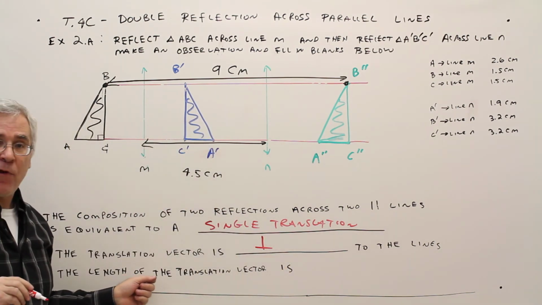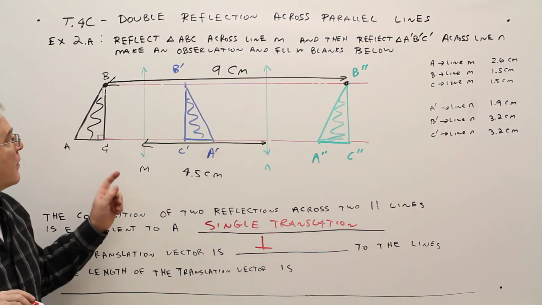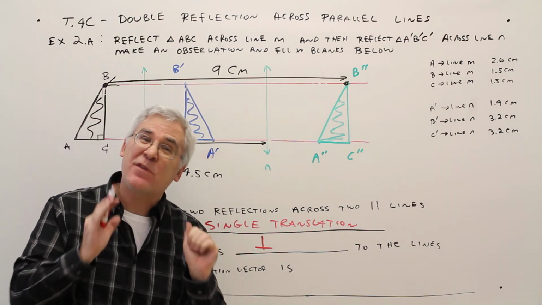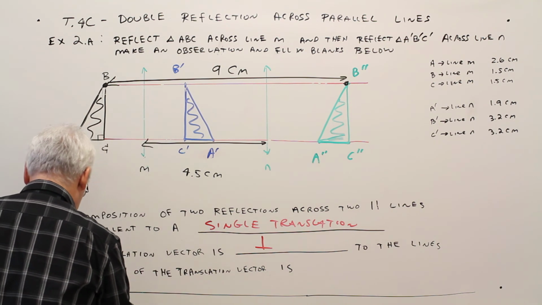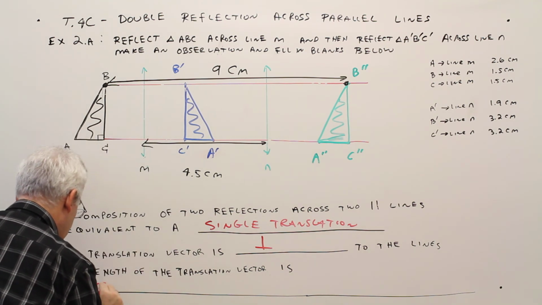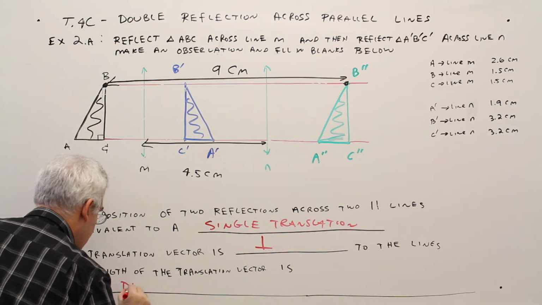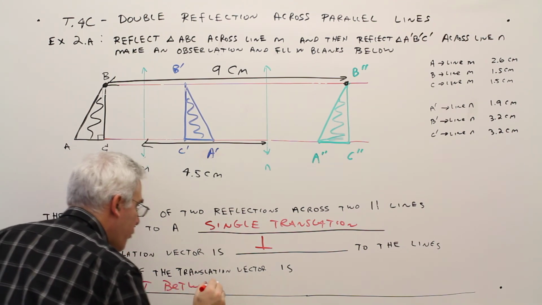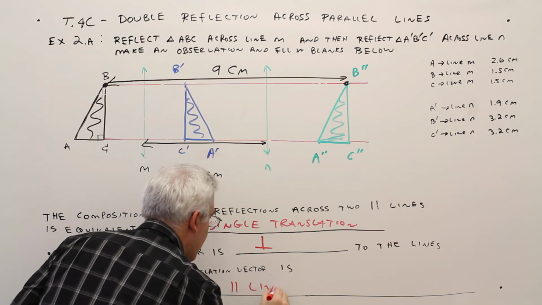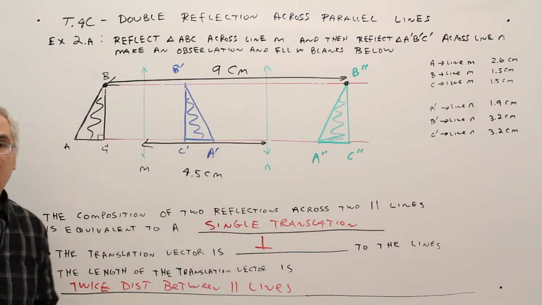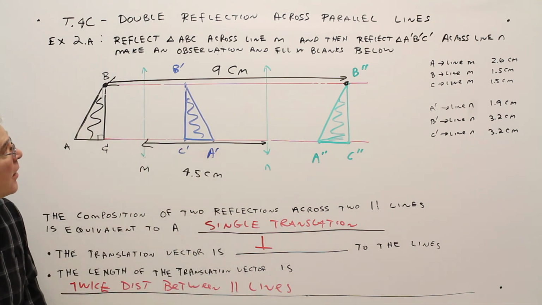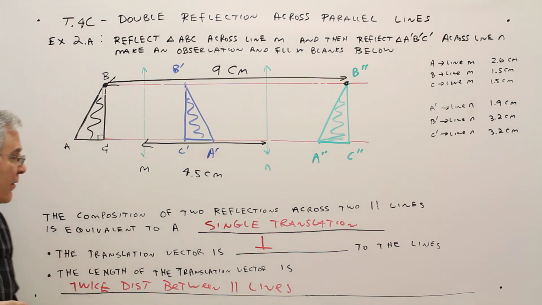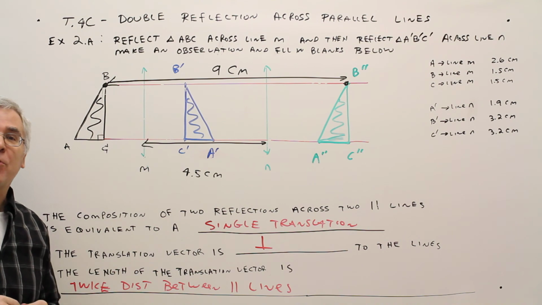And the length of the translation vector is twice the distance between the parallel lines. So there you have it, a double reflection across parallel lines and coming up with this general observation.